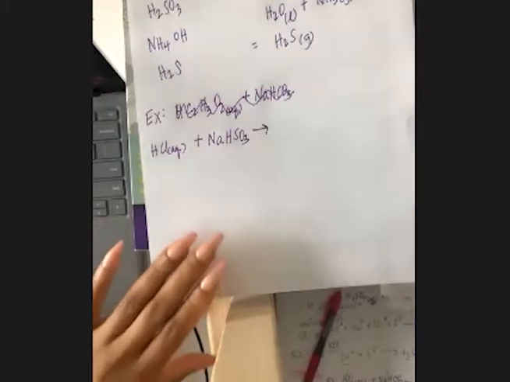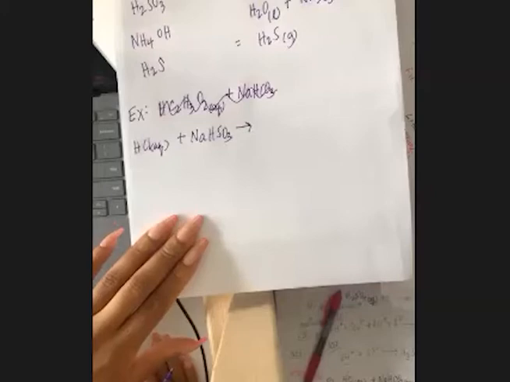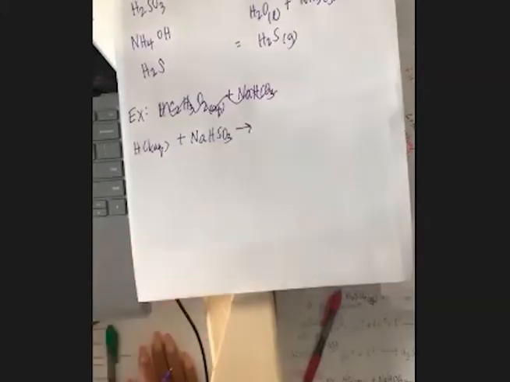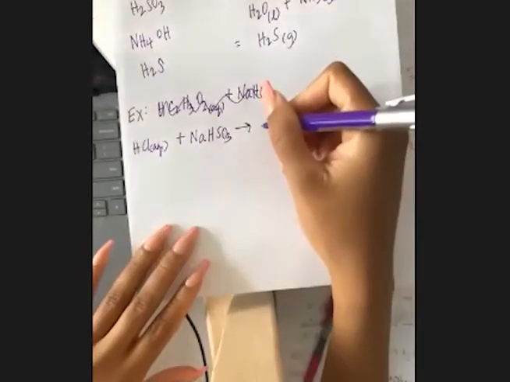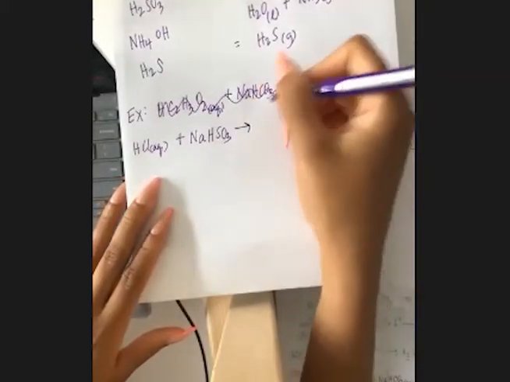When we go through our steps, what do you guys think the products are going to be if we just follow the double displacement scheme? Somebody besides Pawan, tell me what you think the products are going to be. I have sodium chloride. Okay, we see that sodium chloride is one of our products. What's the other product?